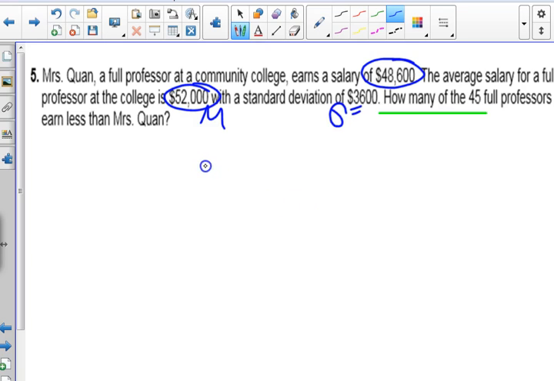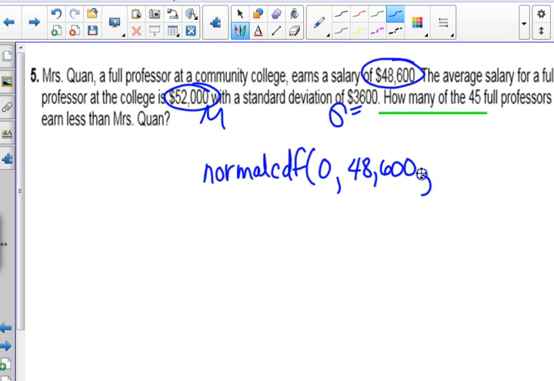So how do you want to do this one? Yeah, I would just go from 0 to hers, which is 48,600. And then the mean and the standard deviation. Anybody get an answer?